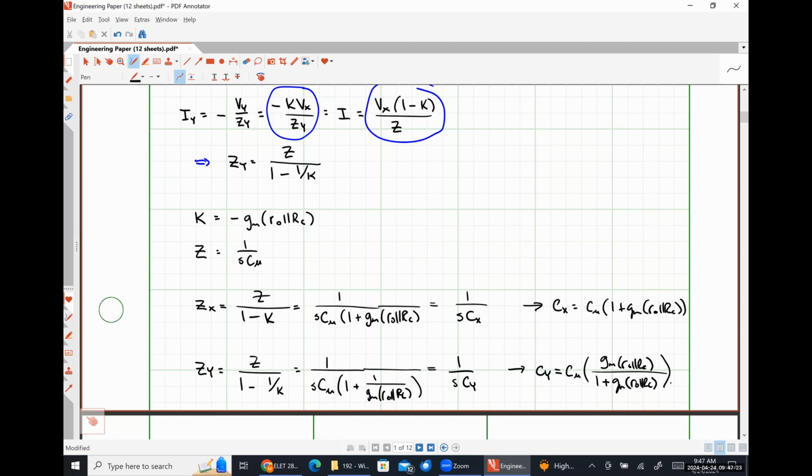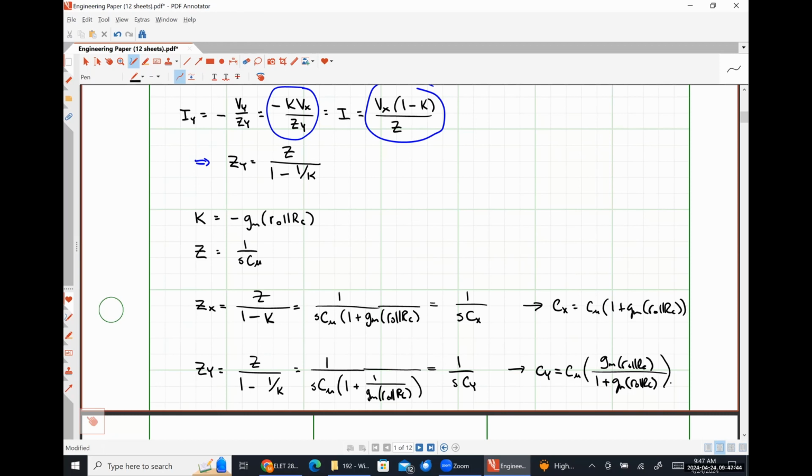All I did to get to here was express this guy as GM R naught in parallel with RC over GM R naught in parallel with RC.